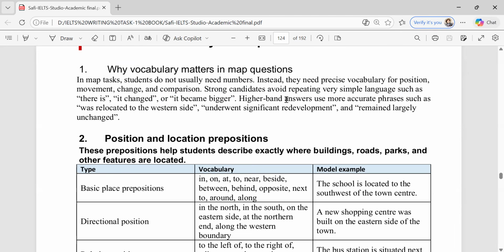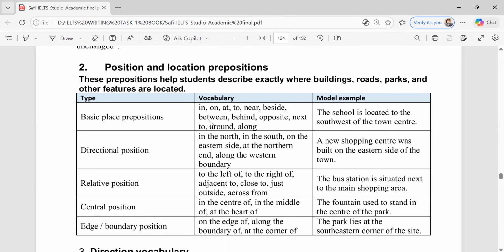Instead, for higher band answers, use more accurate phrases such as 'was relocated to the western side', 'underwent significant redevelopment', 'remained largely unchanged'. This is the vocabulary you can use for achieving a higher band.